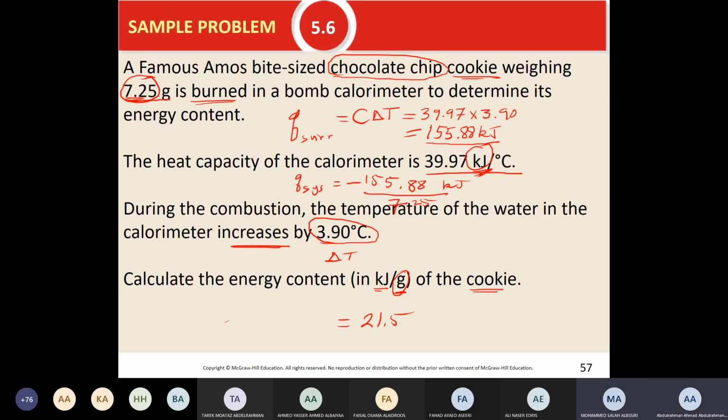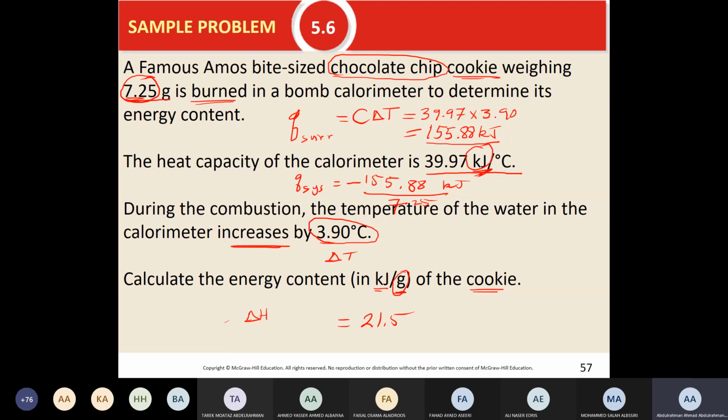Yes. Actually, if I want to put it as delta H, then I should put the negative. But if I just tell you what's the heat capacity, you don't have to tell me it's minus 21.5. It is 21.5. You don't have to put the minus.